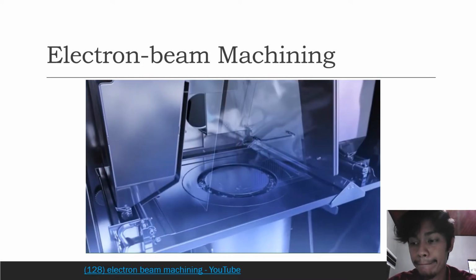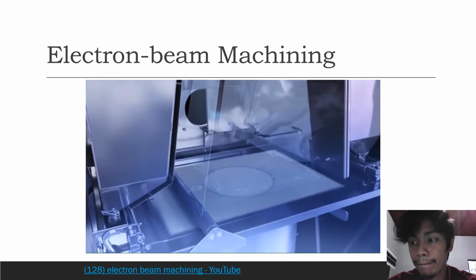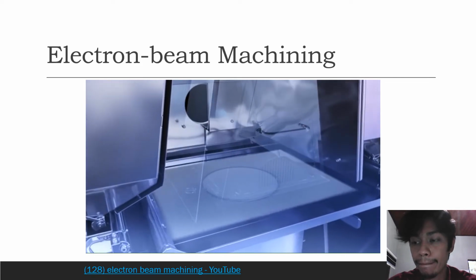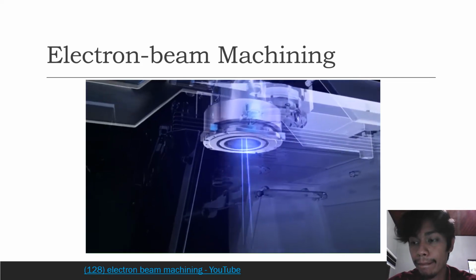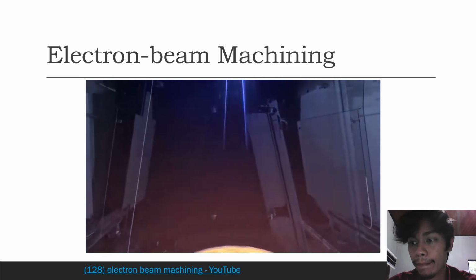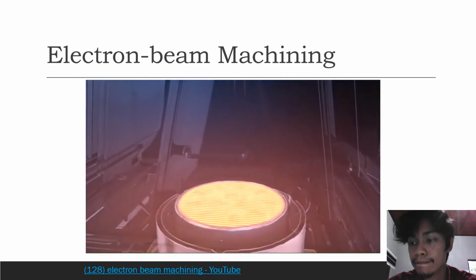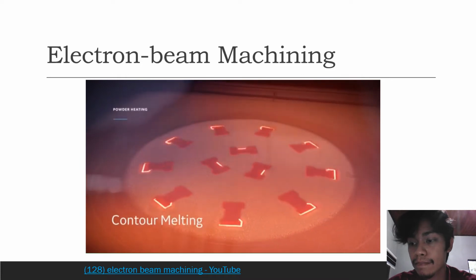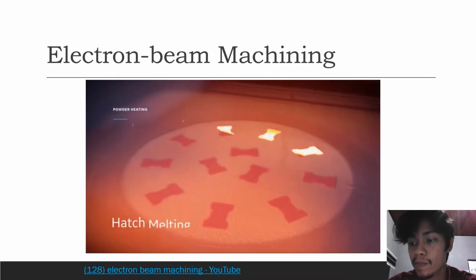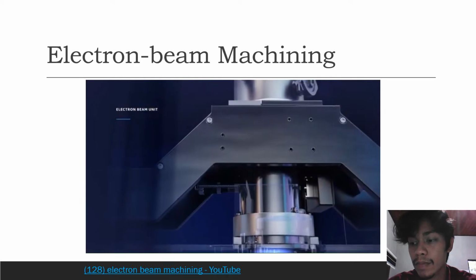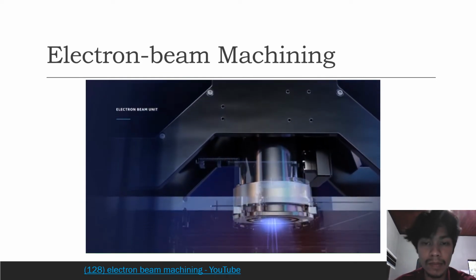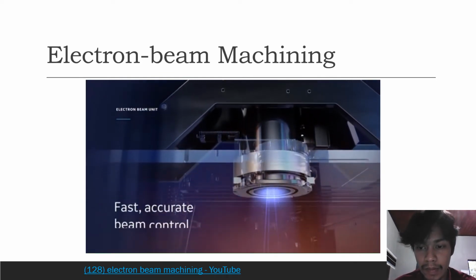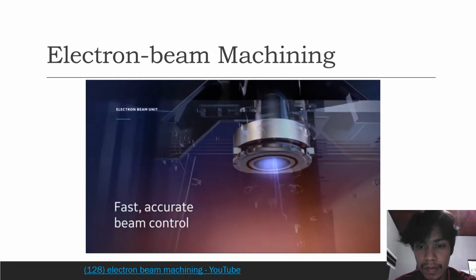Next, RCAM EBM's powder layering system evenly distributes a thin layer of powder on the build area. A powerful 6 kilowatt electron beam heats the powder bed to the optimal ambient temperature and then proceeds to melt the powder. First, contour melting and then hatch melting. The electron beam unit generating the beam contains no moving parts, allowing for extremely fast and accurate beam control.